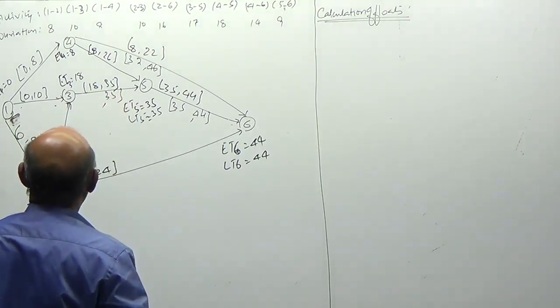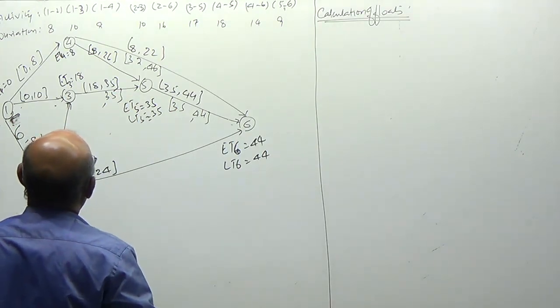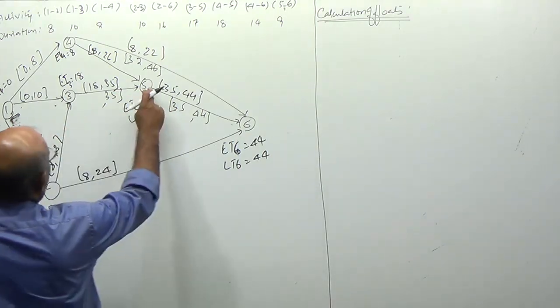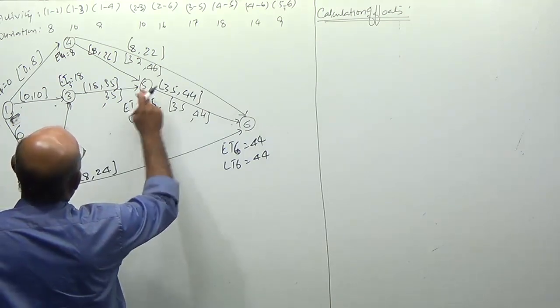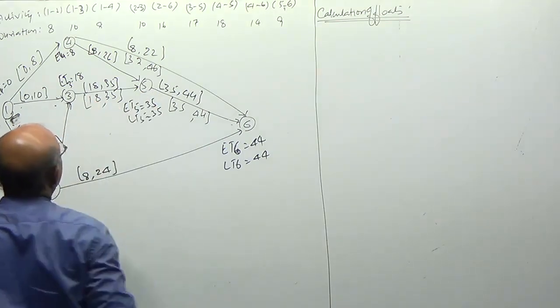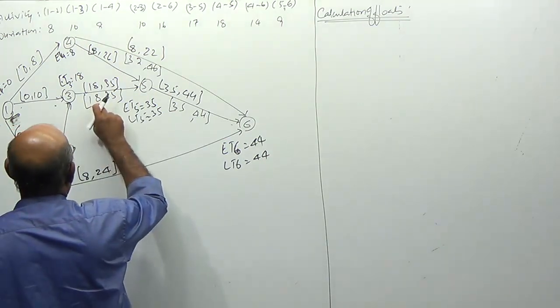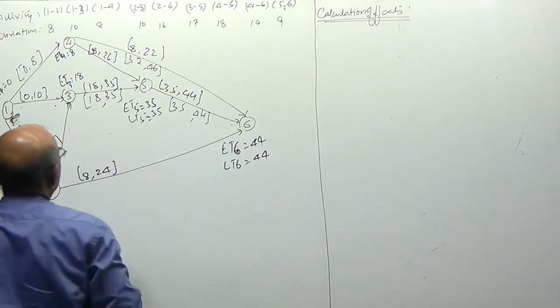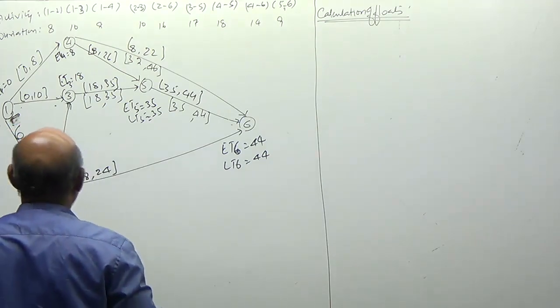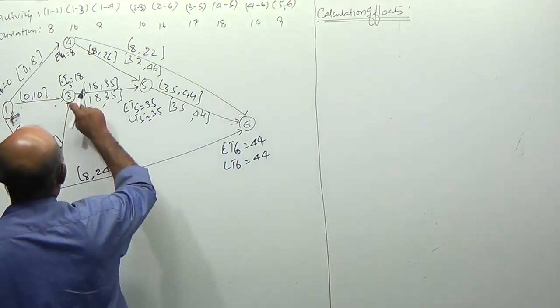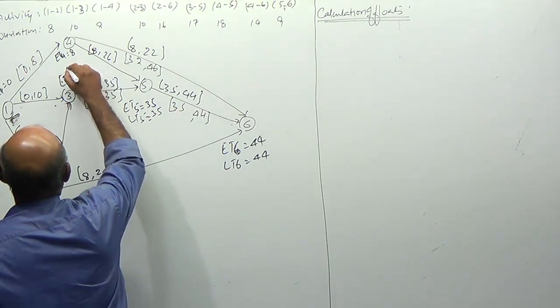35 minus 17, 3-5 will take 17 days, so 18. To start this activity on the 18th day, I have to reach node number 3 on the 18th day.